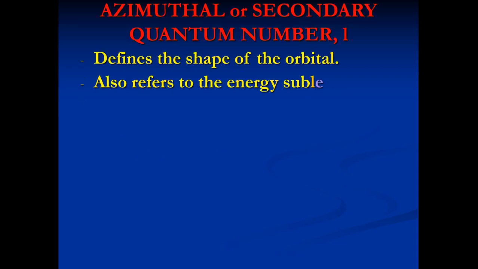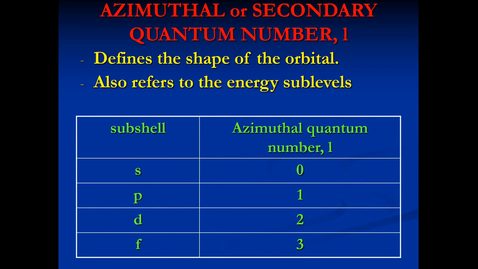The next thing is what we call the azimuthal quantum number, or in some cases the momentum quantum number. The azimuthal quantum number defines the shape of the orbital, and the number, l, has a formula. The formula is l equals n minus 1.